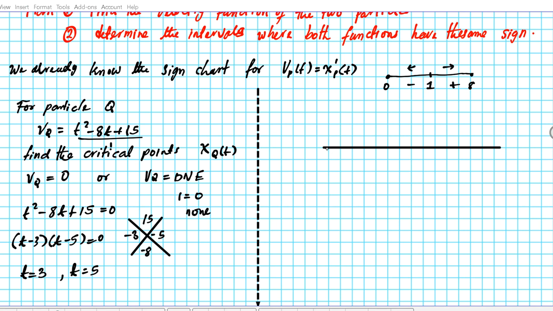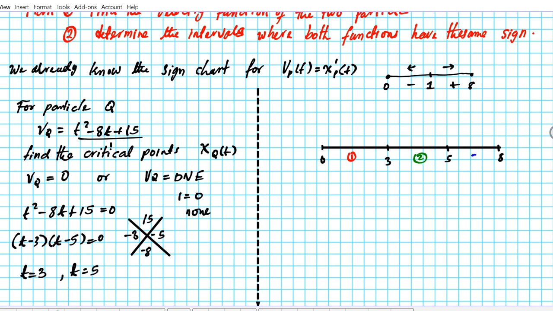So we go from 0 to 8, right? And then we'll break it up. We have 3, and then we have 5. So basically we have 3 intervals to look at: interval 1, interval 2, and interval 3.